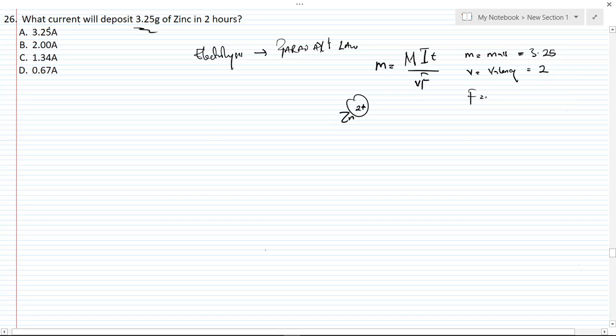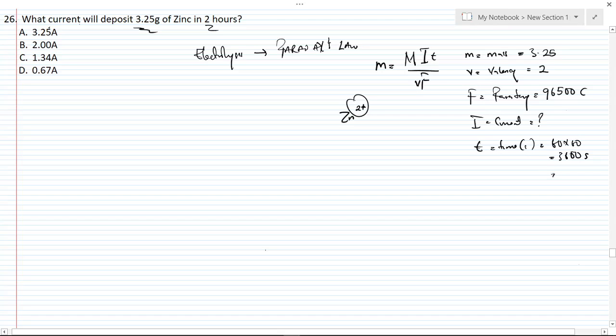F is Faraday's constant. It has a value of 96,500 coulomb. I refers to the current, and that's what we are calculating. T refers to time, and its unit is in seconds, but it was given as 2 hours, so we have to convert that. 1 hour is 60 times 60, which is 3600 seconds.